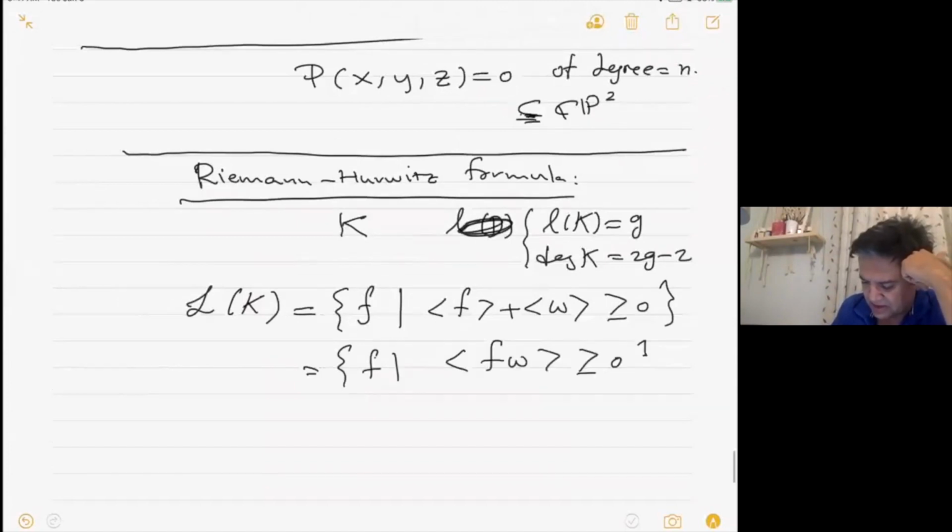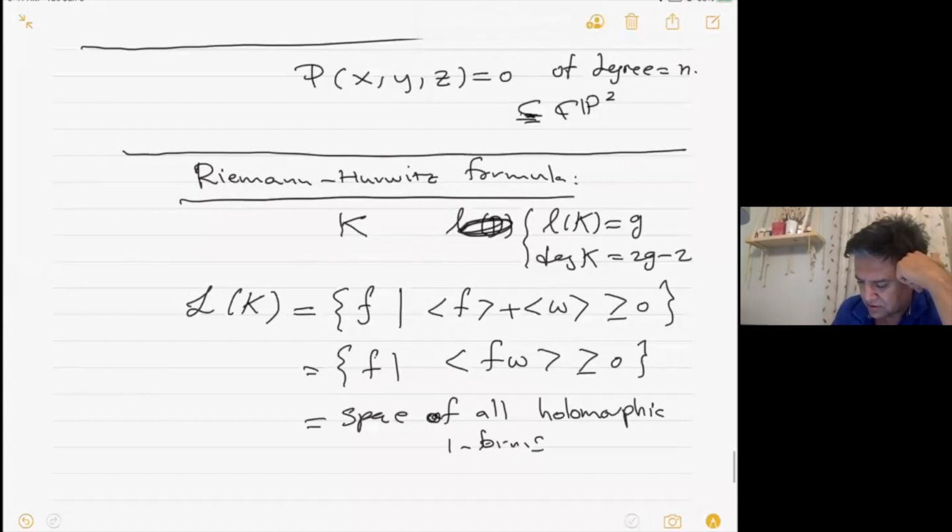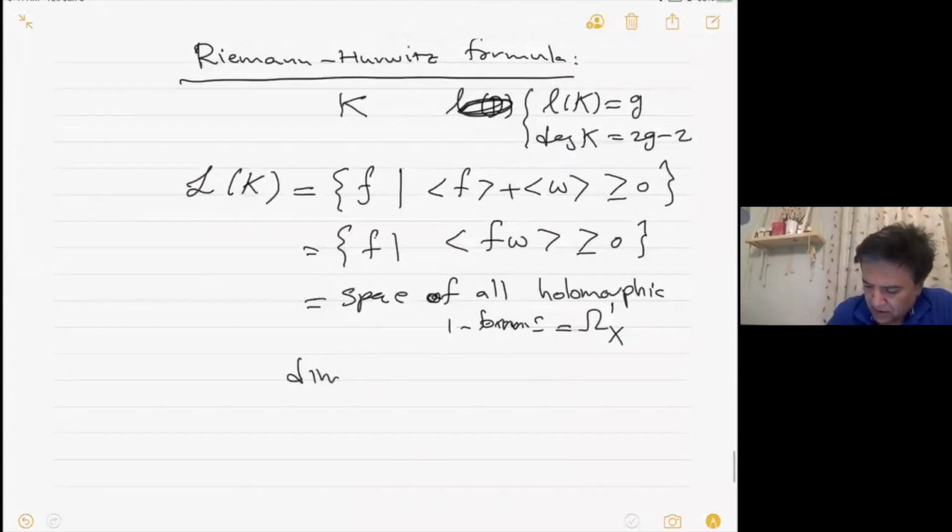And this is the space of all holomorphic one forms. I denote this by omega of X. So the formula l(K) equals g tells you that the dimension of holomorphic one forms on X is equal to the genus.